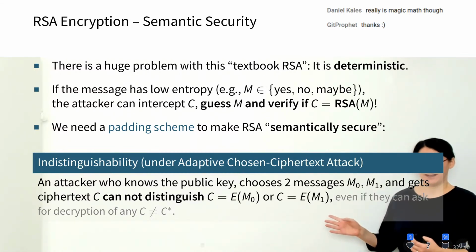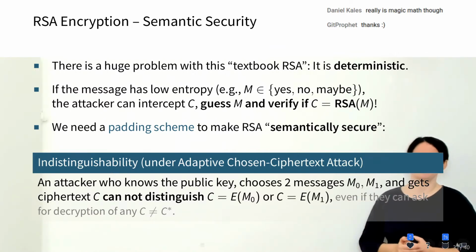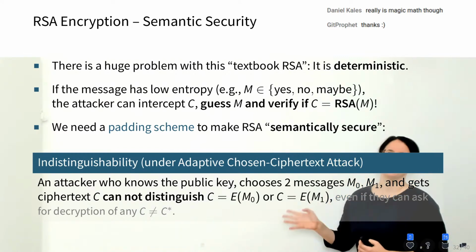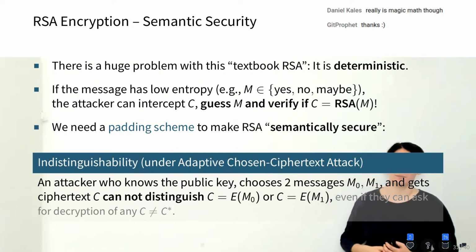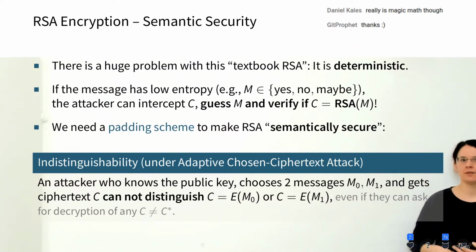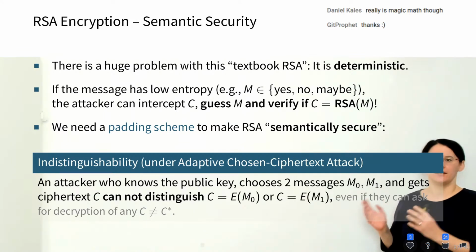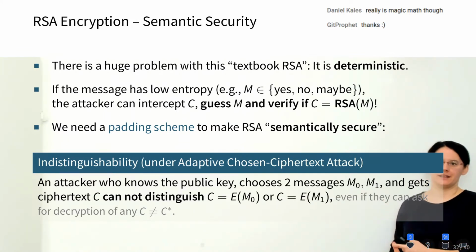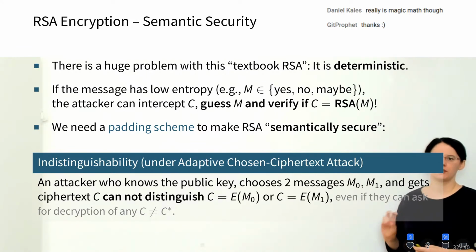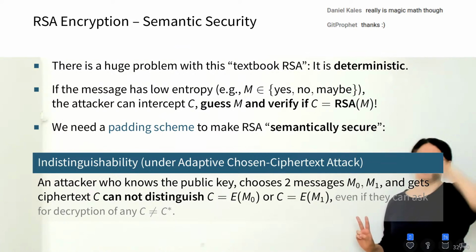The name is not very catchy. It's called indistinguishability under adaptive chosen ciphertext attacks. No need to learn this name by heart, but it's important to understand the concept. What this notion means, which also implies our semantic security here, is that assume we have an attacker who knows, of course, the public key, and the attacker is allowed to choose a set of two messages, like our yes or no or maybe here.